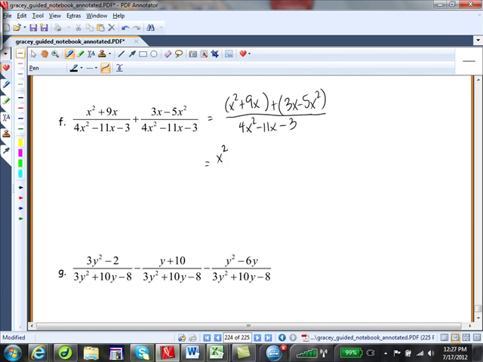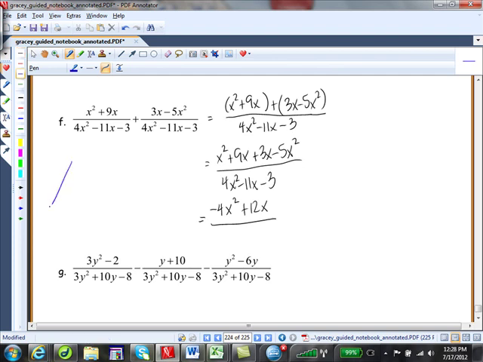This will be x squared plus 9x plus 3x minus 5x squared over 4x squared minus 11x minus 3. We will get negative 4x squared plus 12x over, now I'm going to take a look at factoring the denominator.